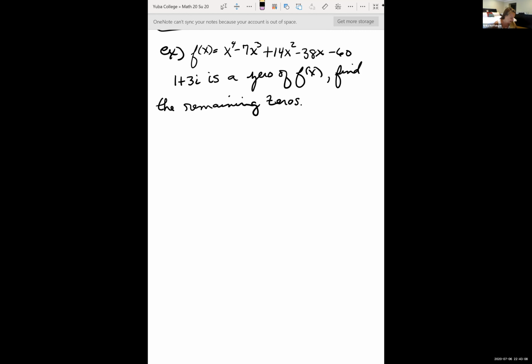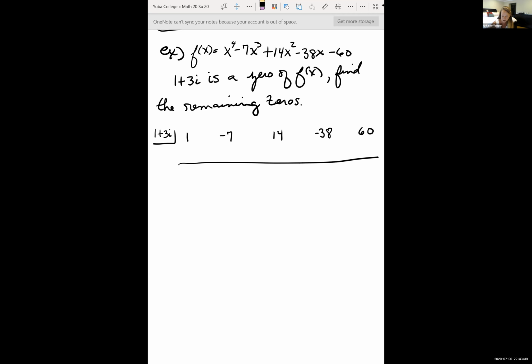And it really depends. Let's do this 1 plus 3i up here. Because we're dealing with complex numbers, we really need a lot of space when we're spacing out the coefficients of this polynomial. So this would be 1, -7, 14, -38, and -60.